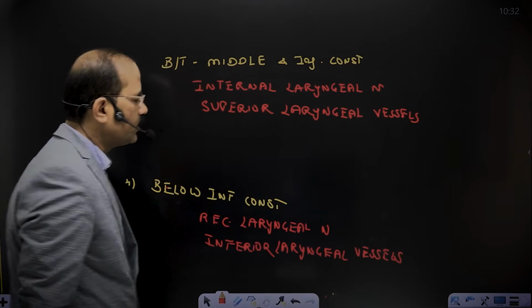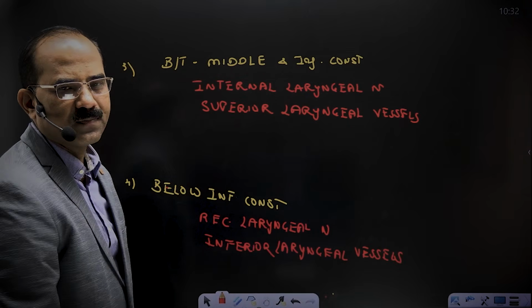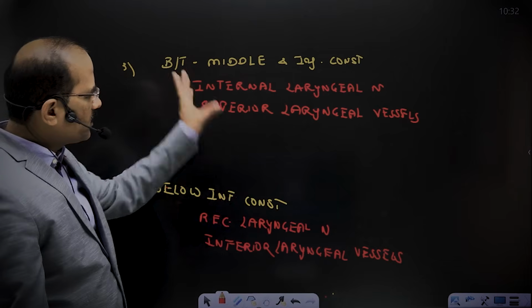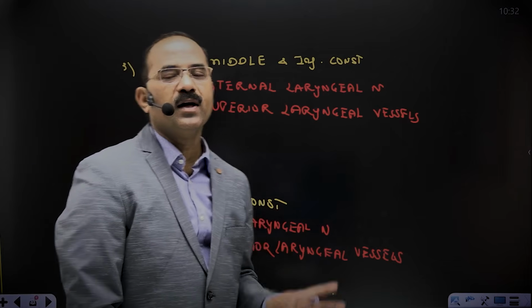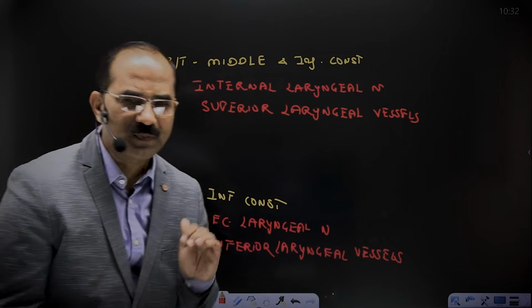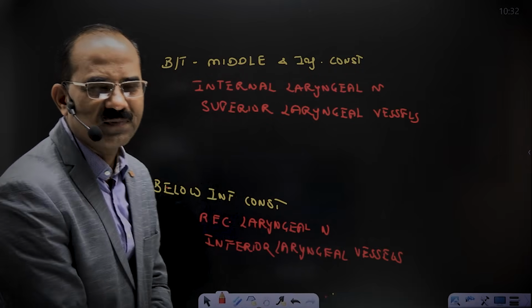Okay, recurrent laryngeal nerve and inferior laryngeal vessels. Fine, students, just remember this. This is extremely important. Now, how it goes, that I'll tell you later. Fine, students, this is clear.